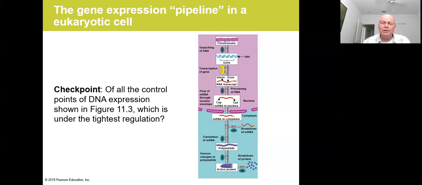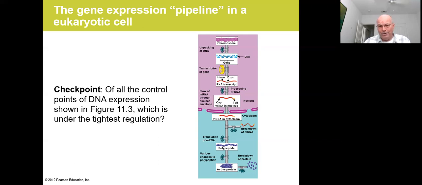And then finally, we can talk about the actual lifetime of the polypeptide or the protein itself, because proteins do not have an infinite lifetime. They eventually get broken down. And there are ways for cells to identify which proteins need to be broken down and when, by using tags, and we'll talk a little bit about that when we get to it.